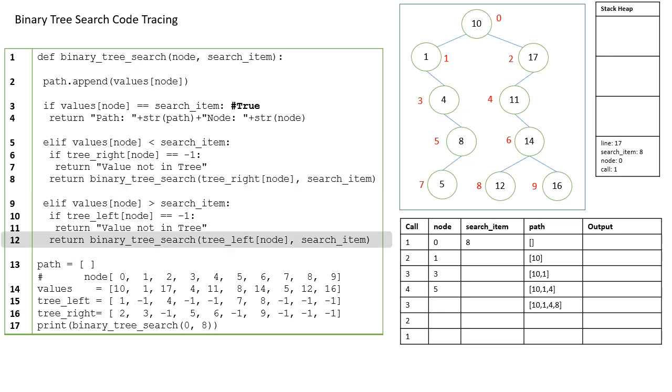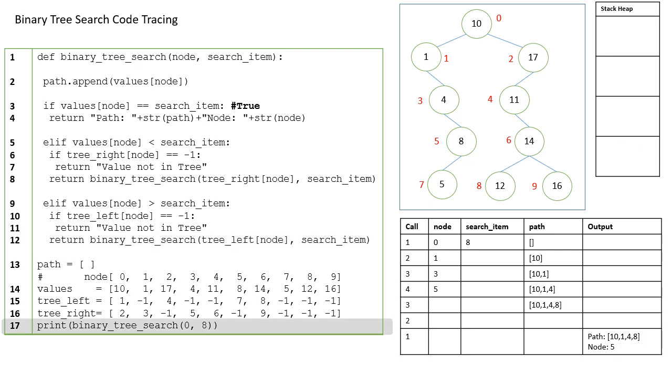Call 1, we then pass back control to our main. At this point, it prints out the path and also the reference to the node, which in this case is 5. That completes the tracing for the binary tree search algorithm.